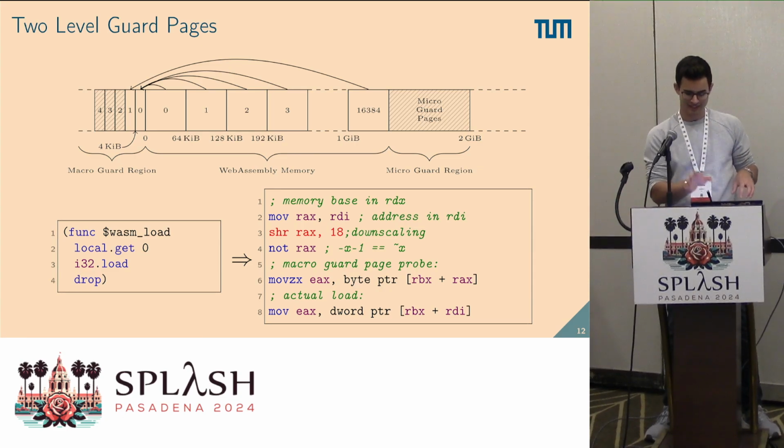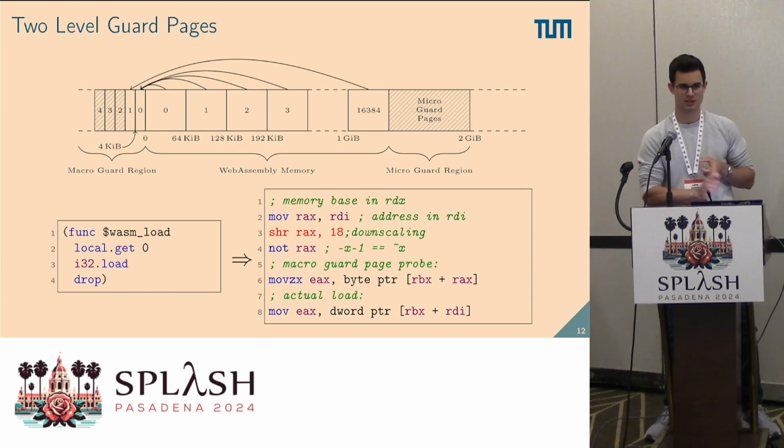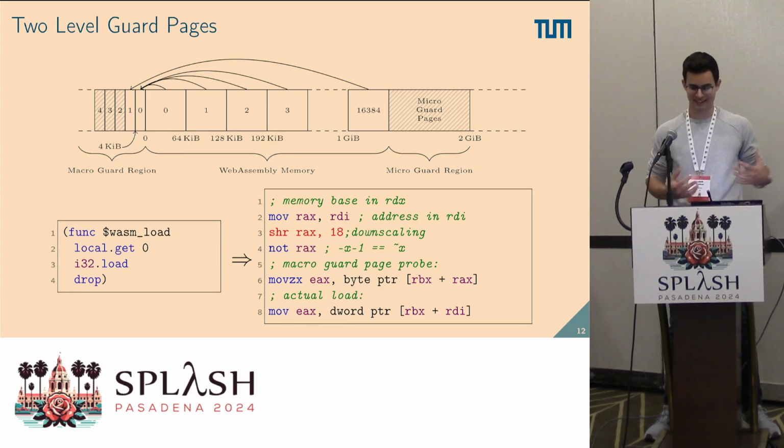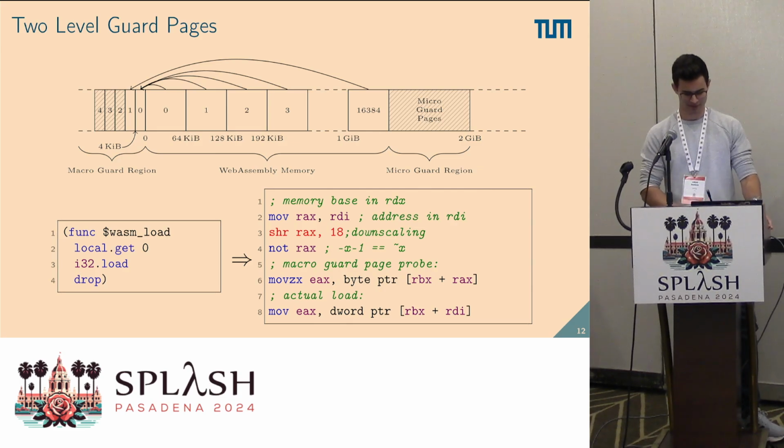So every access to 1 gigabyte plus 1 page and further either hits the microguard pages, which is a seg fault, or hits behind this 2 gigabyte line, which would hit macroguard page number 2, and also is a seg fault. So we can actually make sure that for any further 64-bit address, you will only not get a seg fault if you hit valid WebAssembly memory.